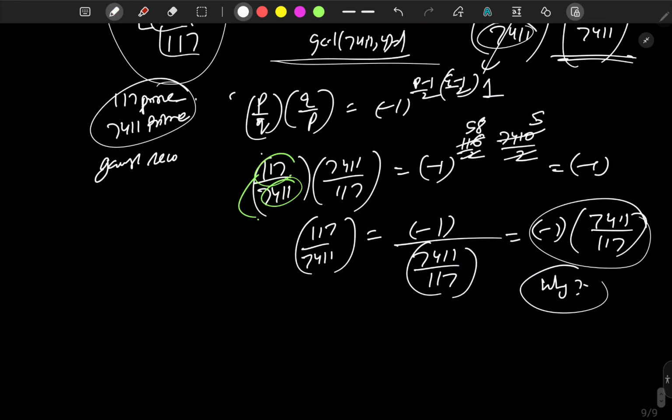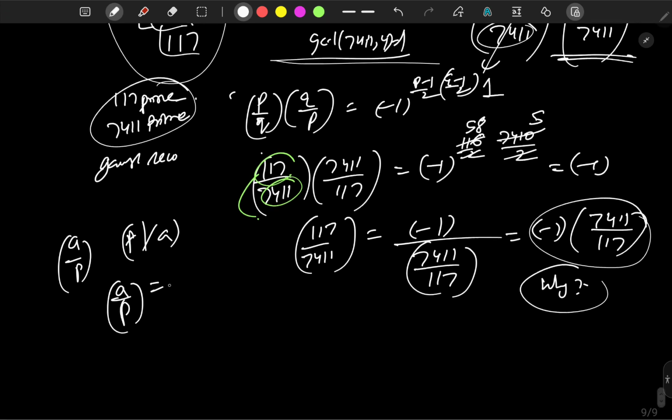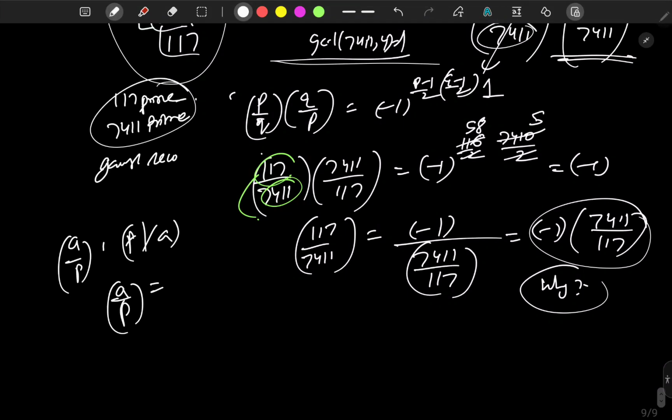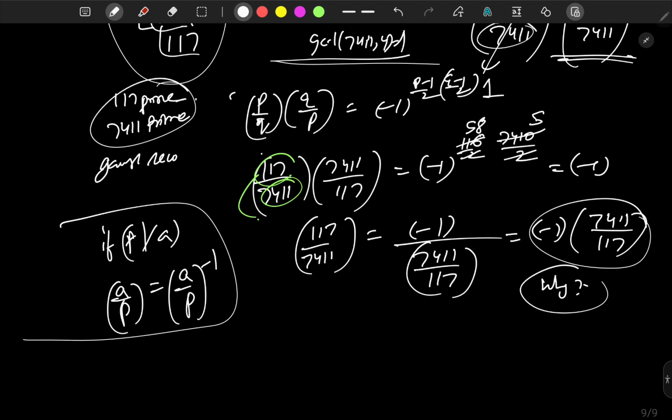From this you can think of one property like this: if a by p is there such that p doesn't divide a, then the Legendre symbol of a equals a by p whole inverse.